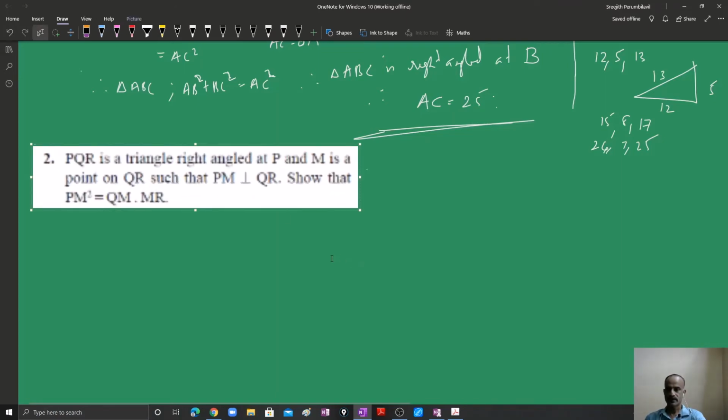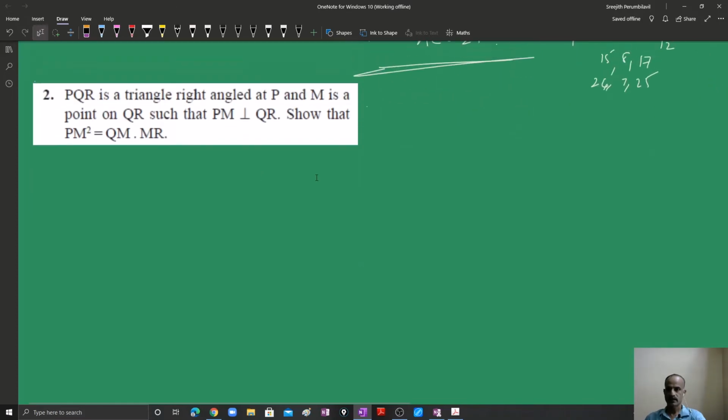PQR is a triangle right angled at P, and M is a point on QR such that PM is perpendicular to QR.